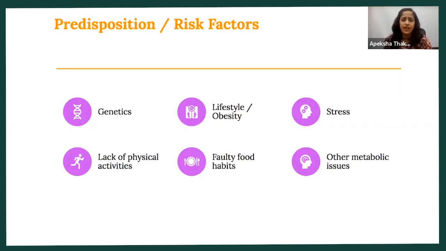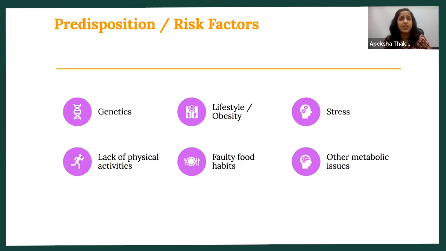First is genetics. Researchers have proven that if you have a genetic predisposition, you are always at risk of developing type 2 diabetes, majorly due to genetics. Researchers have also shown that people whose first or second generation relatives have diabetes mellitus are at a risk of developing diabetes sometime in their life by around 38 to 40%.